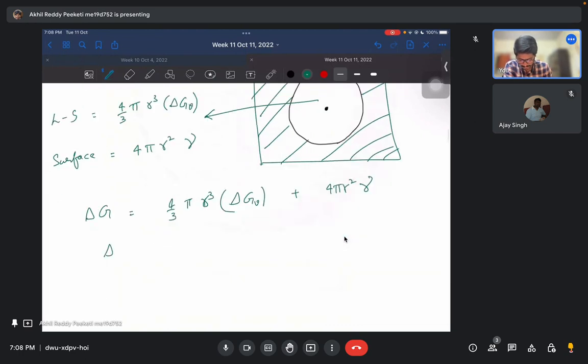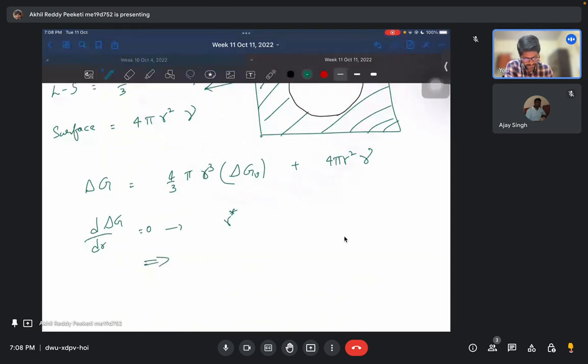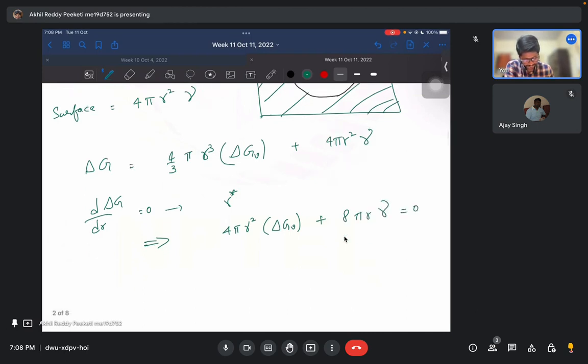Now if we set this equal to 0, the point at which this happens is the critical radius. Here the derivative with respect to r gives 3 into 4 by 3 pi r square, so 4 pi r square delta G V, plus 8 pi r gamma, the surface energy, is equal to 0.